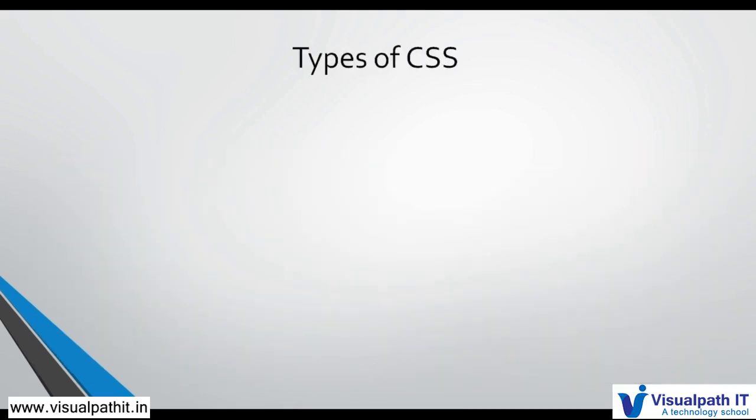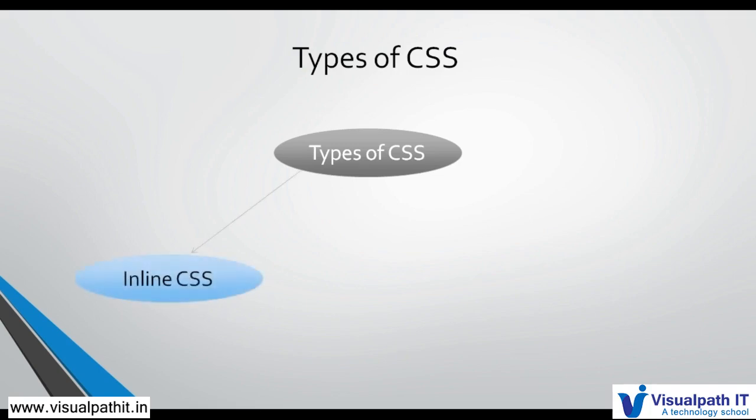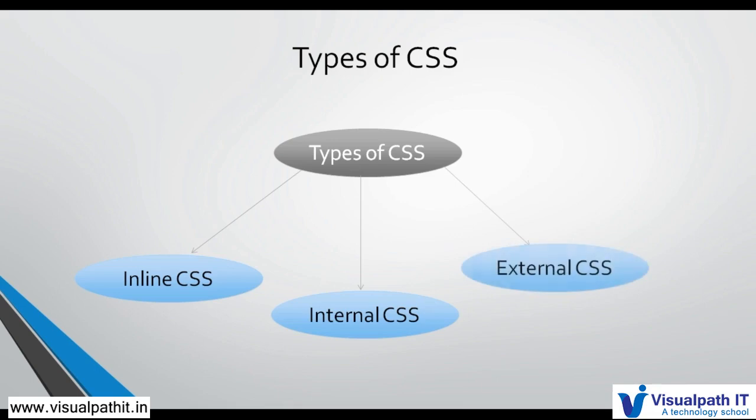Moving next, let's see what types of CSS we use. First, let's understand the types of CSS we have. One is inline CSS, next is internal CSS, then external CSS.